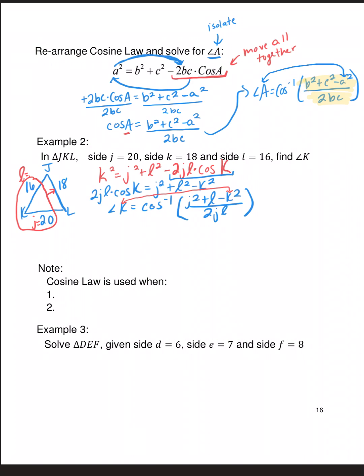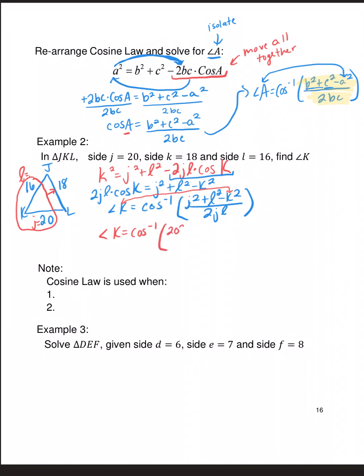Oh, I noticed I missed a squared here, right? So BC were my other two side lengths up here. JL were my other two side lengths in the example we're looking at now. Okay, so let's plug in some values to this. So if we're trying to find angle K, we're going to do the cosine inverse of J squared.